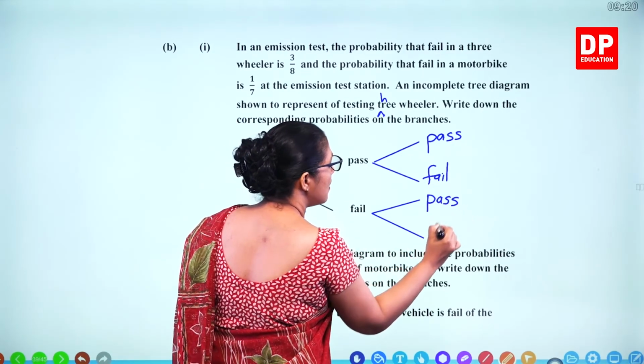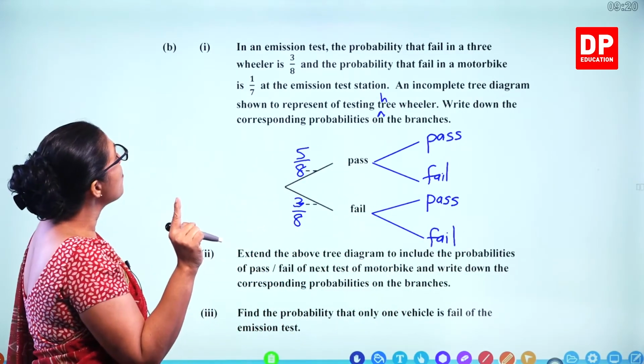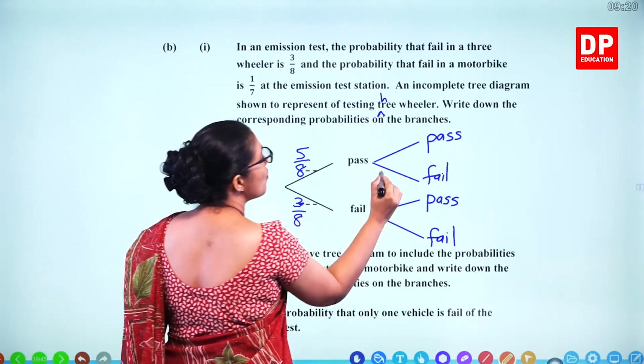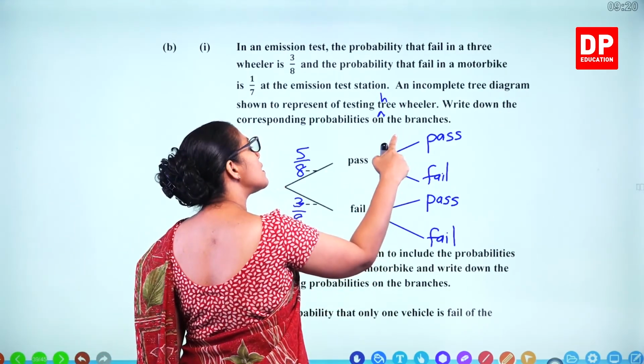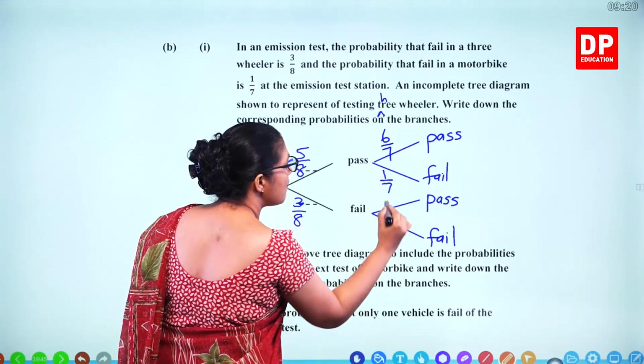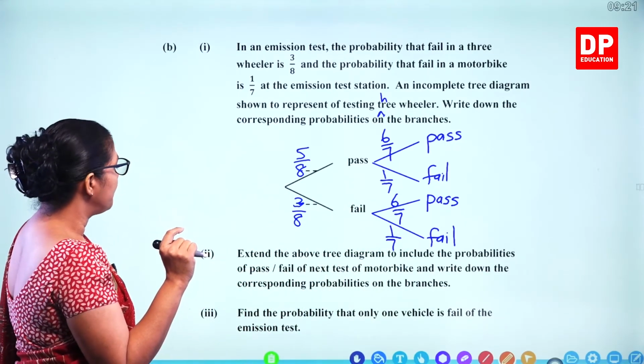Pass and fail. What's the failing probability for the motorbike? That's 1/7. So this is 1/7. What is passing? 6/7. 1/7 here, 6/7. So this is the full diagram.